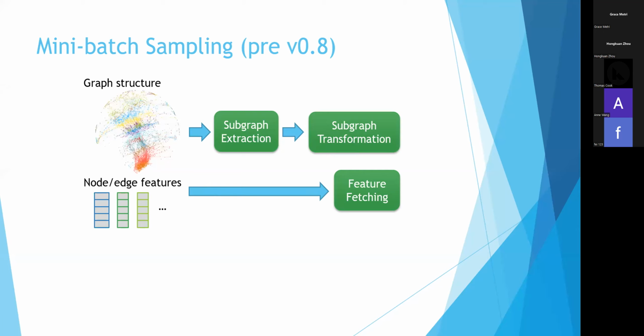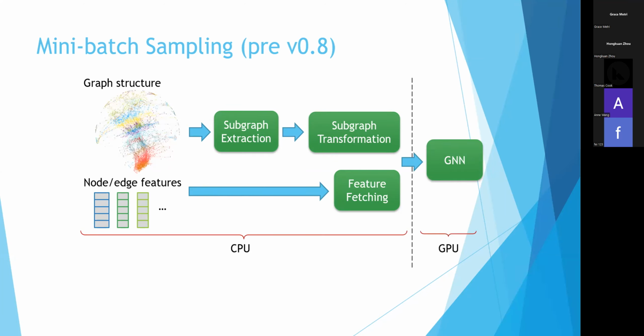So after we get both the subgraph and features, we feed them to a neural network, a graph neural network, for training. Originally, if we split the pipeline into different stages, we put the training on GPU while the sampling and the feature fetching stages are on CPU.